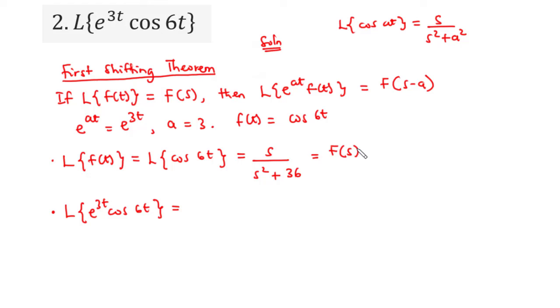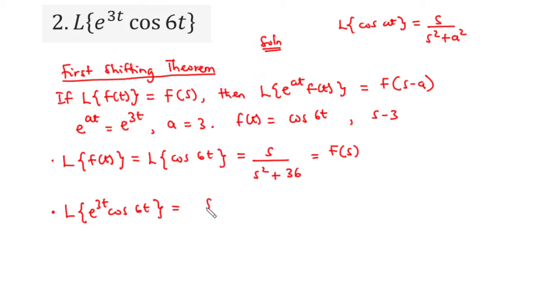So the next thing is basically to find F of s minus a, and that is the Laplace transform of e to the power 3t cos 6t. So what this primarily means is that wherever we are going to see s, we are going to replace that by s minus a. So we have a here to be 3, therefore s minus a becomes s minus 3. So wherever we see s, we are going to substitute and put s minus 3.